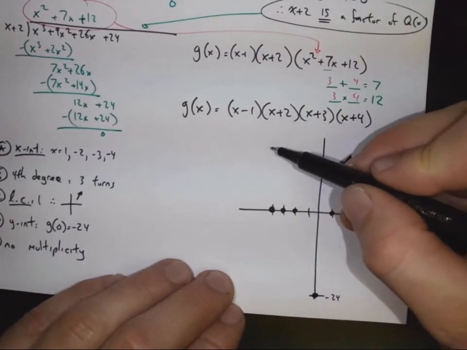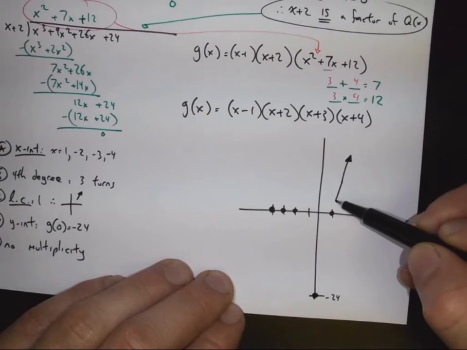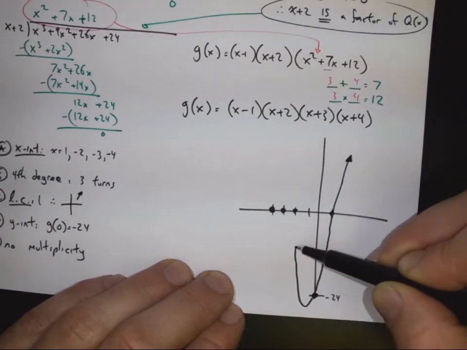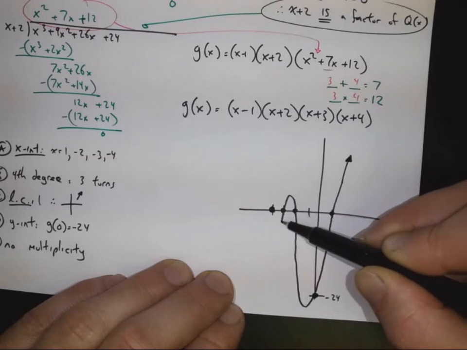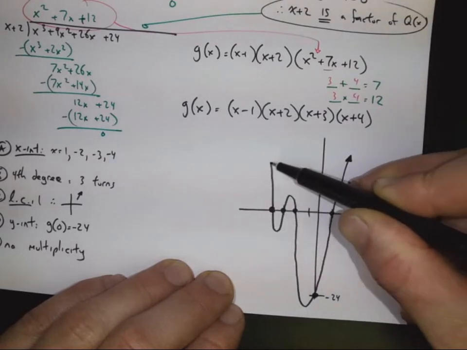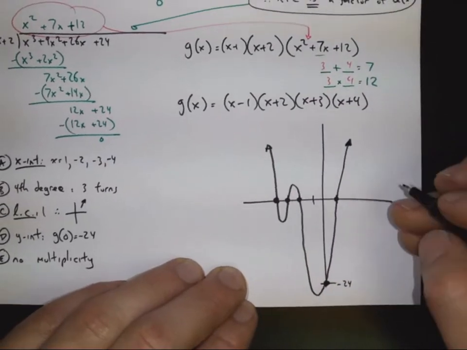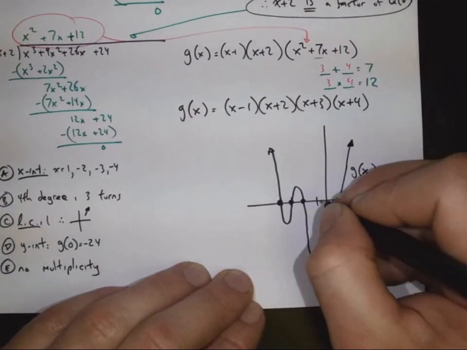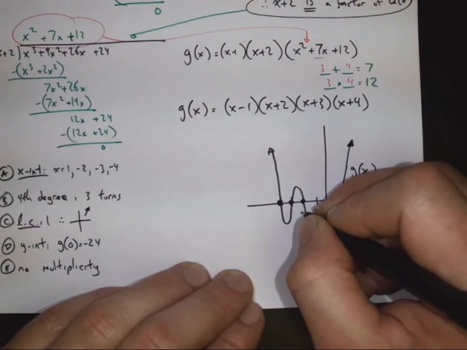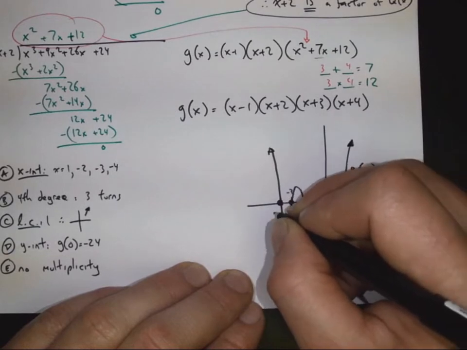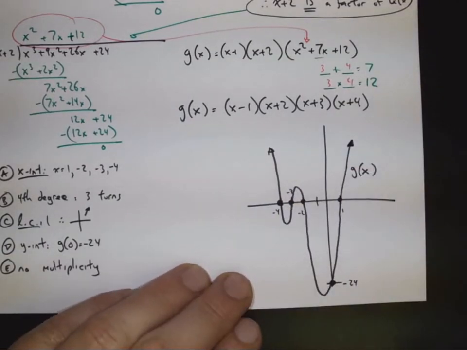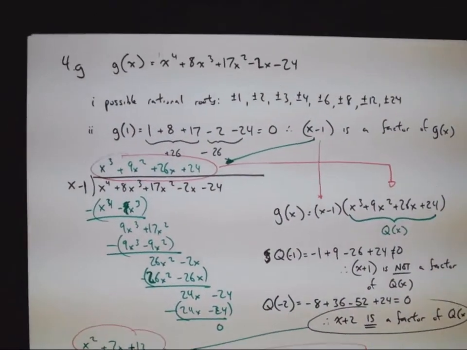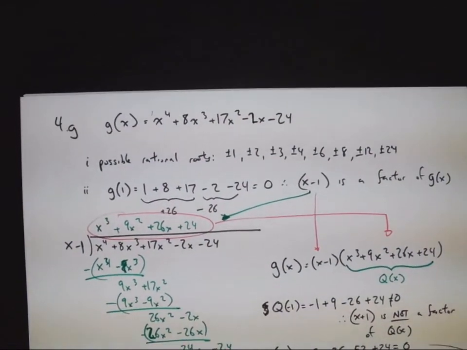So when I sketch this thing, I'll start from this end. It's got to come down. Maybe it passes and keeps going, loops back up, comes down, goes up, and there's our nice pretty g of x. And of course that's at 1, -2, -3, and -4. Okay, there's our graph. Okay, last one.